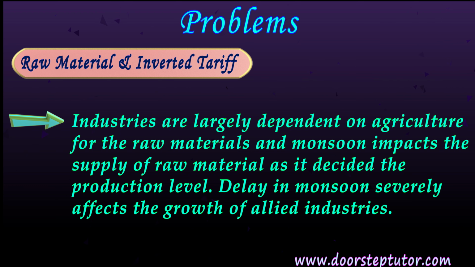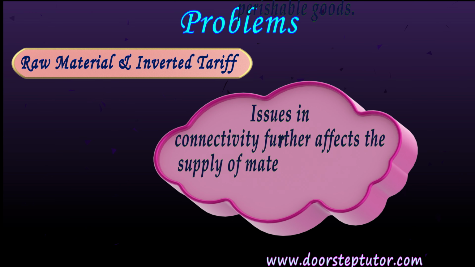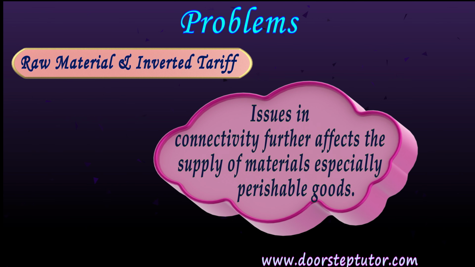Whenever monsoon gets delayed or when rains are not adequate, the production capability severely gets affected, and thus the growth of the allied industry also comes down. Issues in connectivity further affect the supply of material, especially the perishable goods, because these goods have less shelf life, and so for the transportation of perishable goods, good connectivity is required.